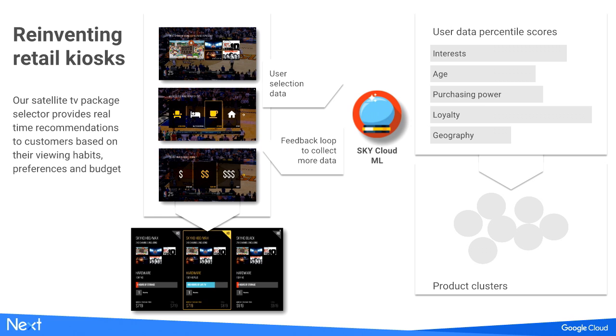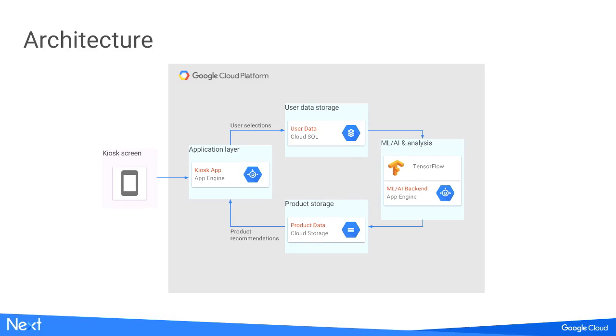In other sessions, we've spoken about what to do with a lot of data. We built this on cloud platform. Essentially, we have the kiosk screen, and all the app code is driven on App Engine. The input data comes in when a user selects different TV shows that he or she likes.